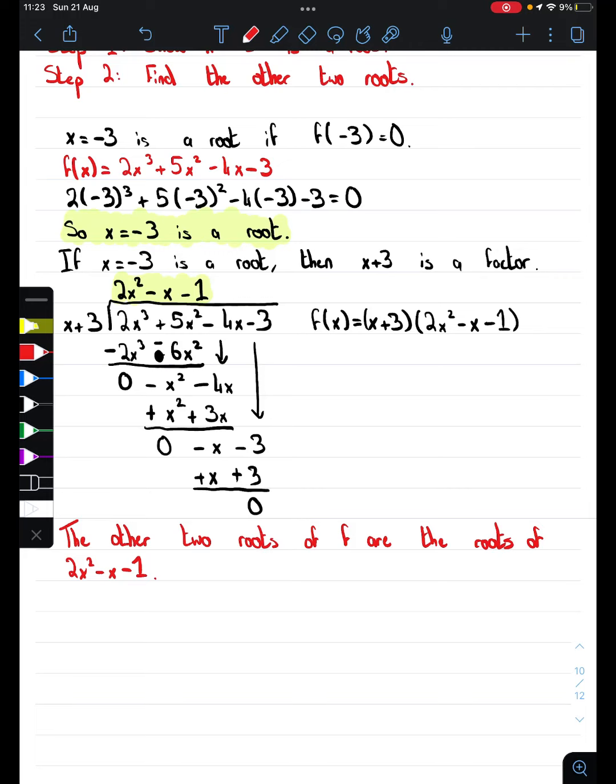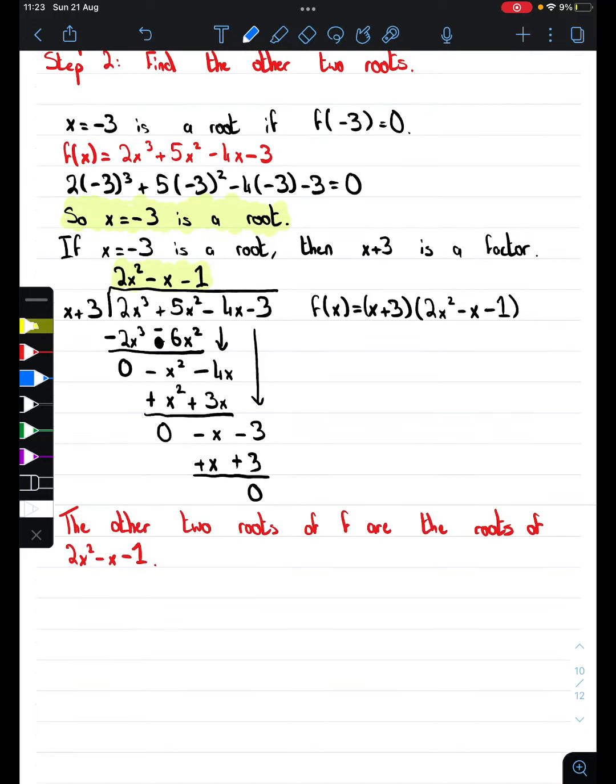Okay, and now we can find the roots of this pretty easily. So if we use our minus b formula, x equals minus b plus minus the square root of b squared minus 4ac all over 2a. And then our a is 2, our b is minus 1, and our c is minus 1.